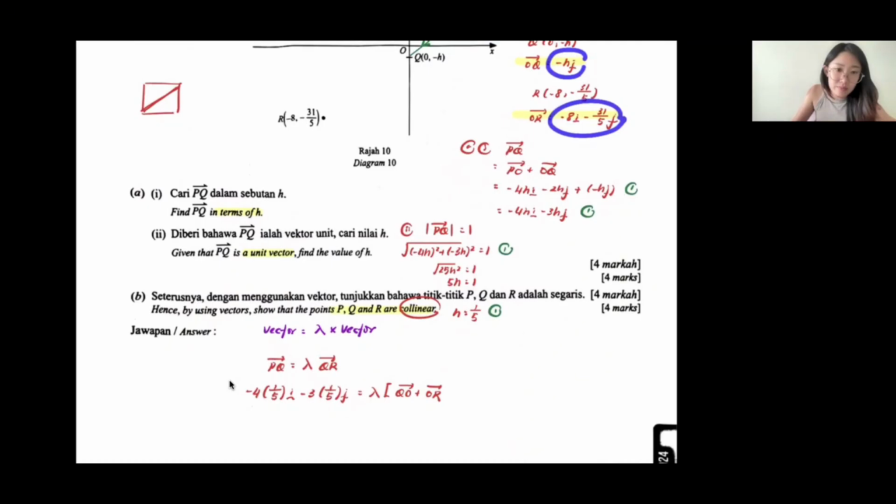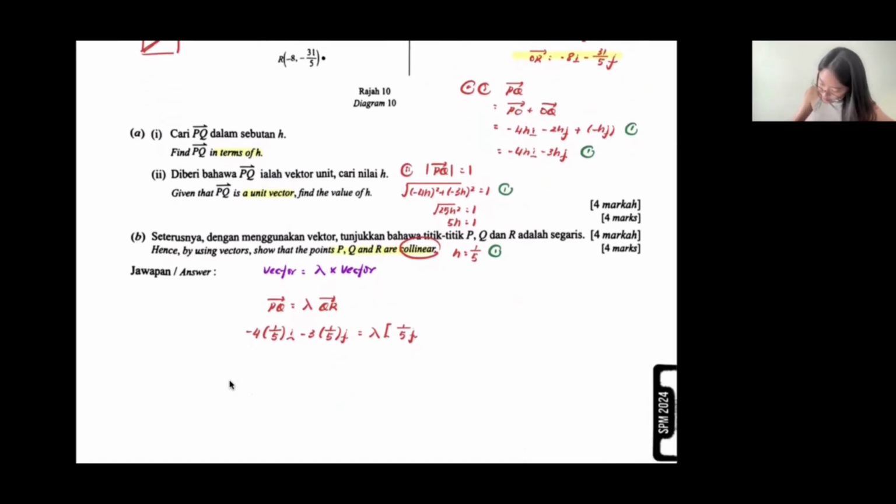So I directly write it in: 1/5 i, 1/5 j, then plus OR, meaning negative. Let me just write plus first: negative 8i and negative 31/5 j. This is QO plus OR.